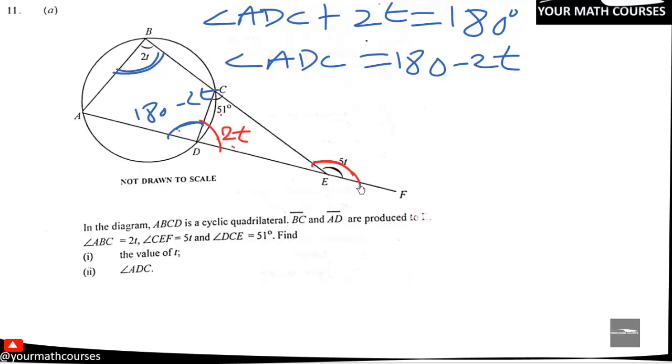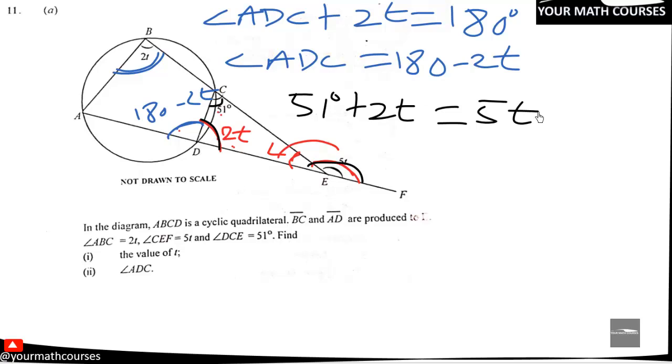Or we can also transfer the 5T into this triangle, then use the fact that the sum of the interior angles of a triangle adds up to 180. In either case, we get the same result. So let's add this and this: 51 degrees plus 2T should be equal to the exterior angle, which is 5T.